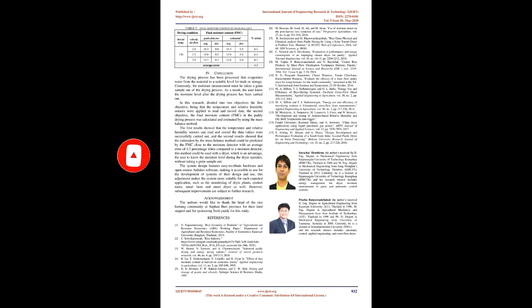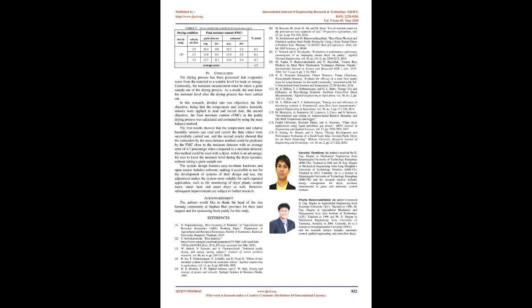The result shows that the FMC could be predicted from the estimated value with an average error of 4.3%. In conclusion, the drying process evaporates water from the material to a suitable level for trade or storage. Commonly, moisture measurement requires taking a grain sample out of the drying process, so the user knows the moisture level only after drying has been carried out.